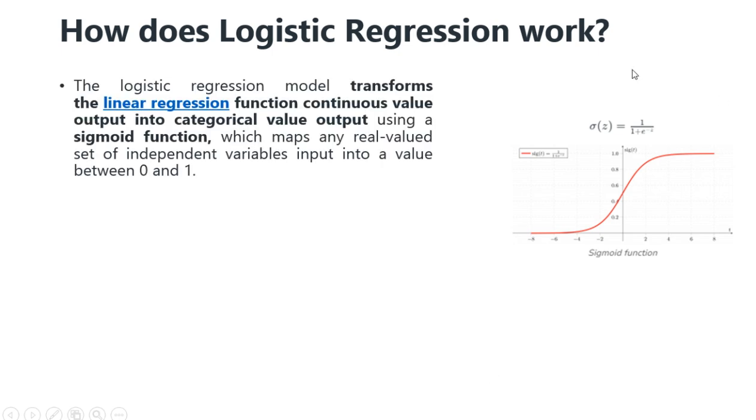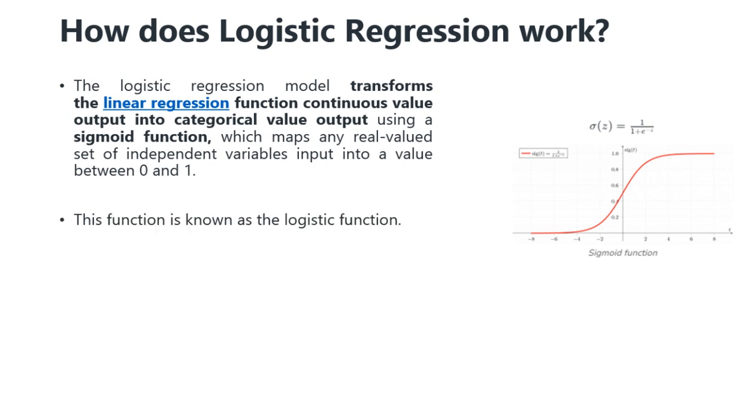So let's see how logistic regression works. Basically, a logistic regression model transforms the linear regression function's continuous value into a categorical value using a sigmoid function, which maps any real value of the independent variables to a value between 0 and 1.